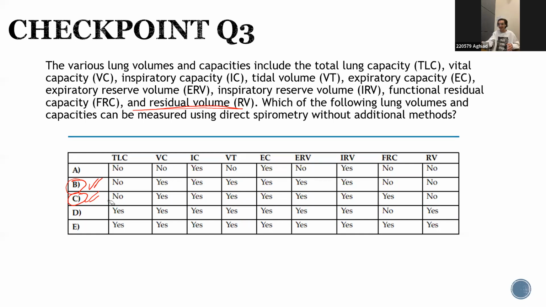Good, good. It's the residual volume. Remember it, and spirometry. I just mentioned it. What does spirometry not measure? What can it not measure? Exactly. And so if it cannot measure RV, can it measure the FRC?